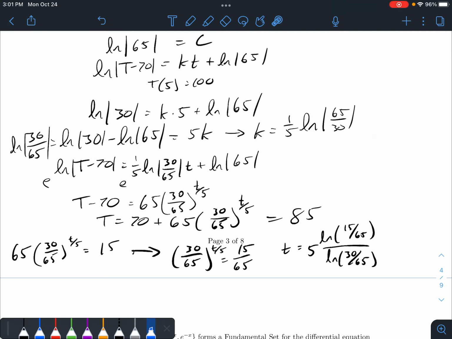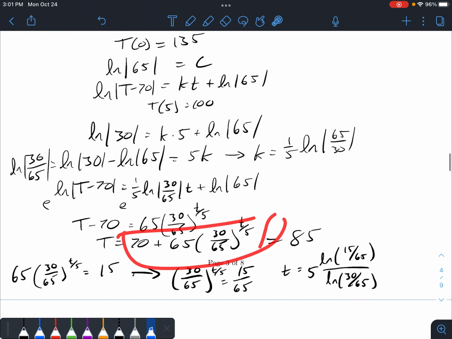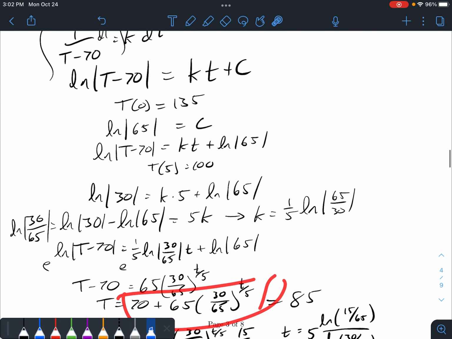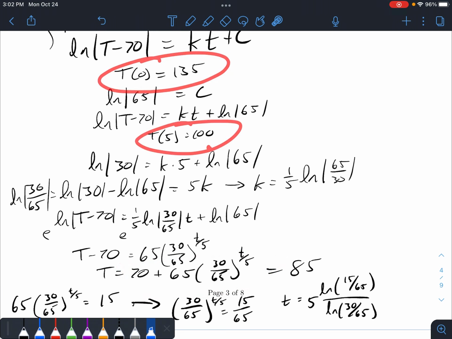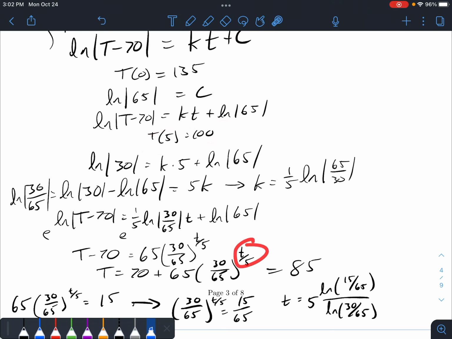The way that I check my work is by going over to this equation that I get at the end. I believe this is the correct equation, and I can check that by plugging in my initial values: T of 0 equals 135 and T of 5 equals 100. If I plug in t equals 0, this exponent would be 0, and so this whole thing would just be 1.